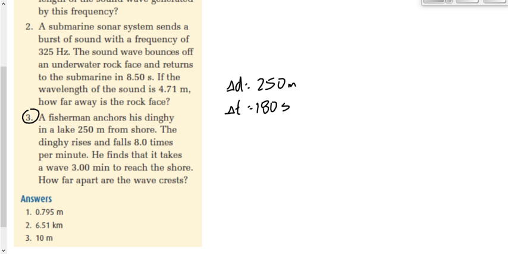The dinghy rises and falls 8 times in 1 minute, or 8 times in 60 seconds. What does it do? It's the frequency. We're going to say frequency is 8 divided by 60, because it's 8 times in 1 minute. And what does that give me here? I think it's 0.133.